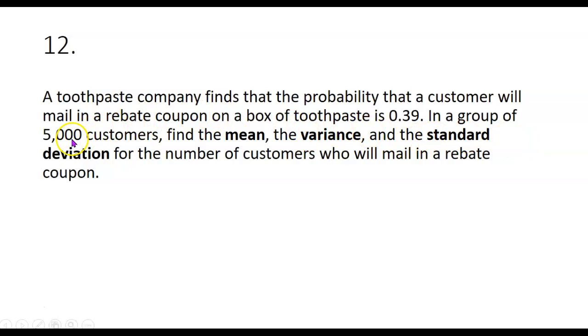So we've got 5,000 customers, so 5,000 individual times when somebody could mail in a rebate coupon, and each one of those has a 0.39 probability that they actually will. So this is like a binomial probability situation. We got 5,000 trials, so n is 5,000, and we got a 0.39 probability on each trial that what we're talking about actually does happen. So p would be 0.39.